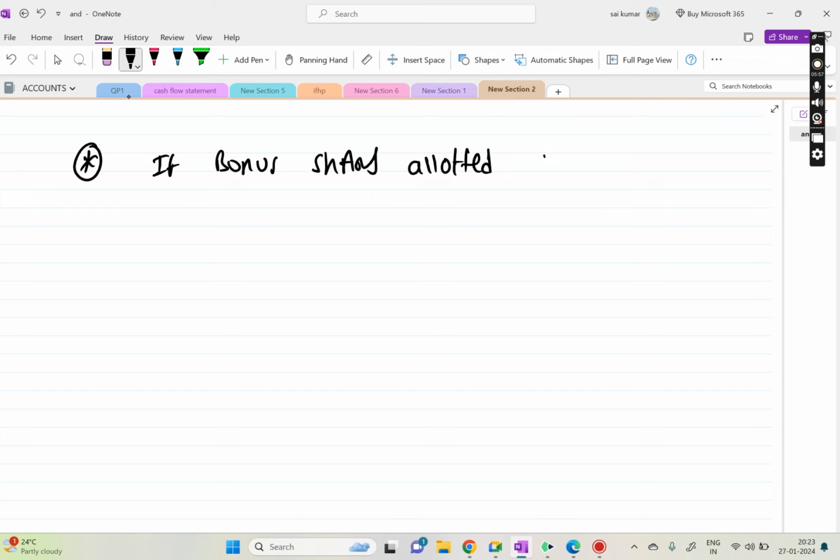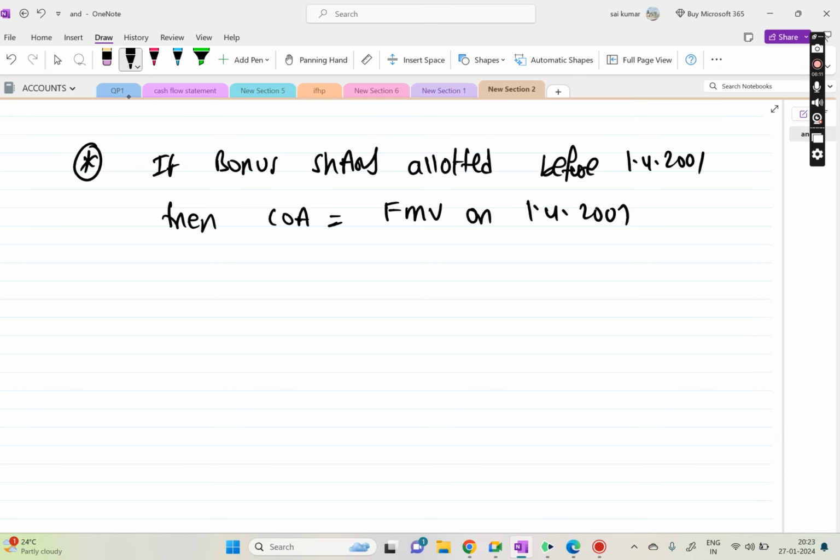If bonus shares were allotted before 1/4/2001, then cost of acquisition is equal to FMV on 1/4/2001. If it is after 1/4/2001, then the cost of acquisition of bonus shares is nil.